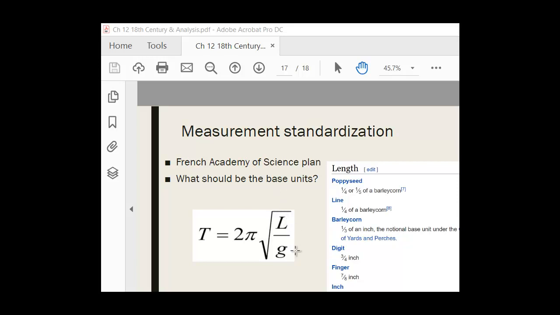In the so-called pendulum equation, G is the Earth's gravitational constant, L is the length of the pendulum arm, and T is the period, or the time that it takes to go tick-tock. And so you can't just think about length without thinking about time, and vice versa. So they had a big job to decide where we are going to start before we define other things in terms of those starting units.